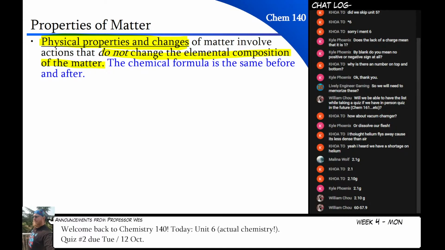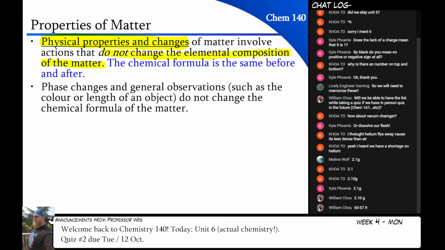I don't know, it seems kind of cool. Or crumpling it in a ball for the cat. It's still aluminum, right? The formula for aluminum is just Al. So before and after those actions, before it's just a sheet of aluminum foil, its formula is aluminum. Afterward, it's still aluminum. So what we did was physics.